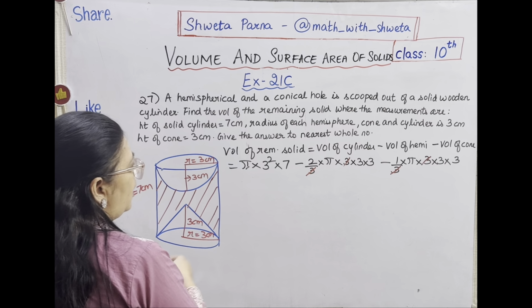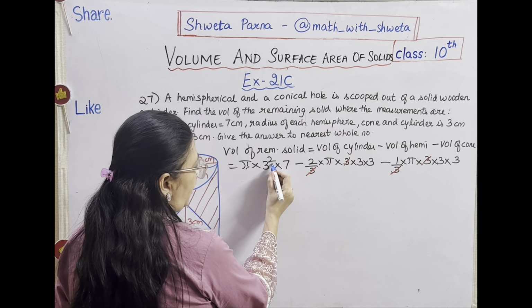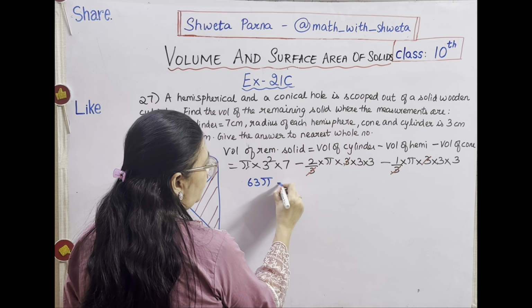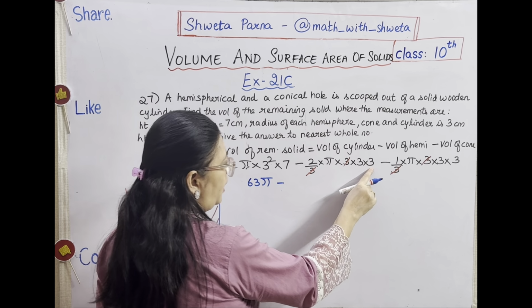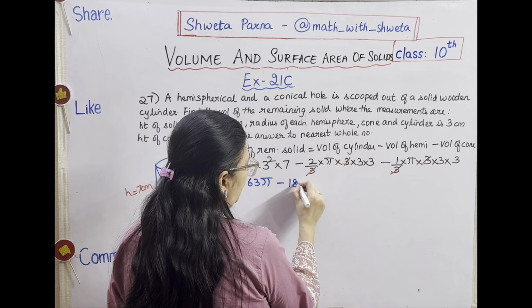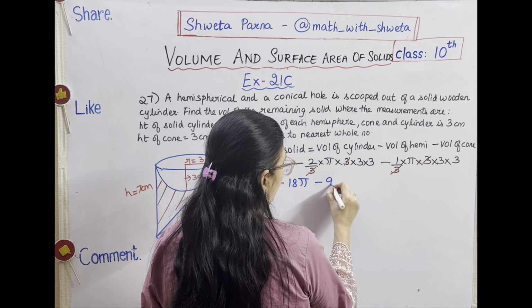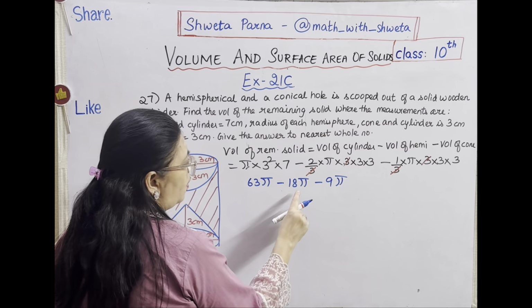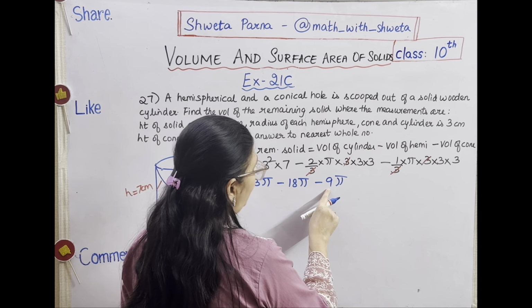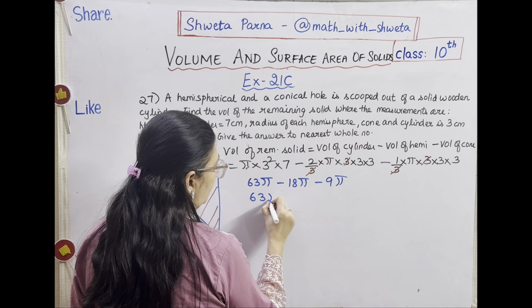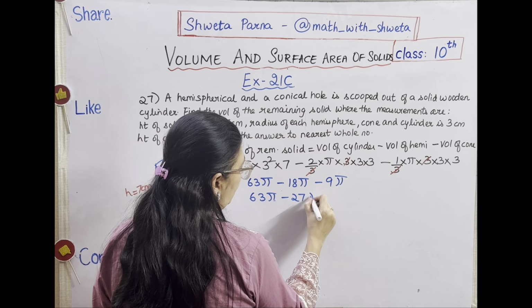What is left? Now 3 3s are 9. 9 into 7, 63 pi, minus 3 3s are 9, 9 2s are 18, 18 pi, minus 3 3s are 9, 9 pi. Okay. Minus 18 minus 9 is minus 27. Correct.